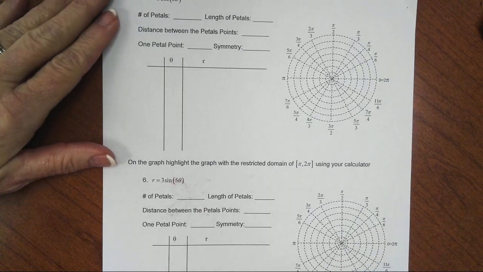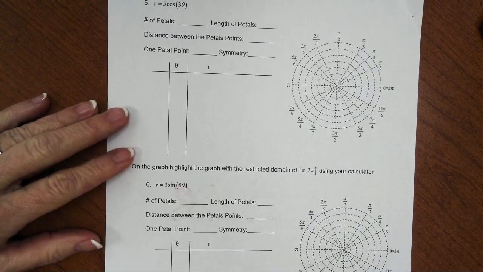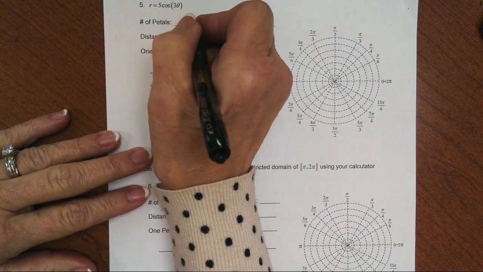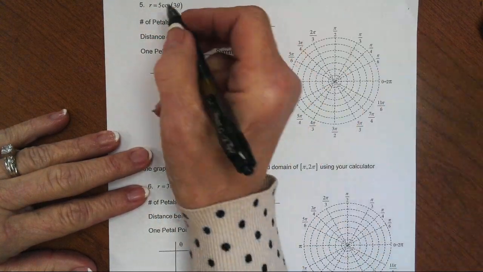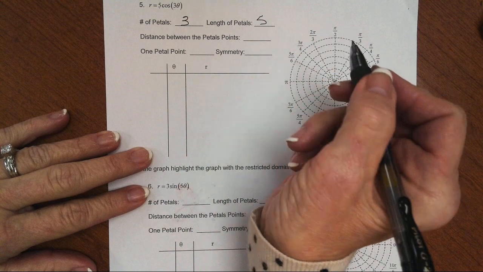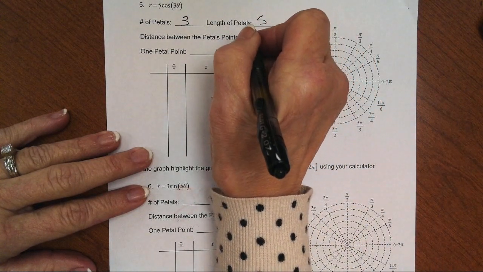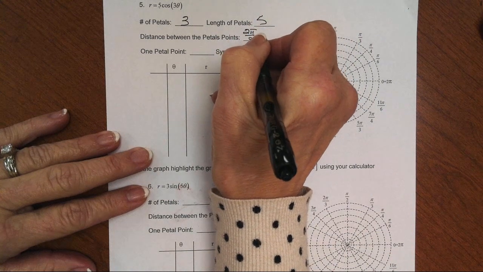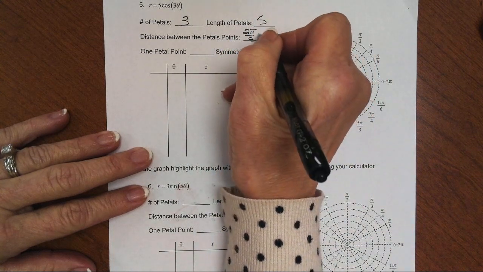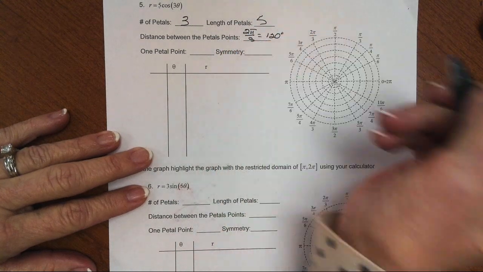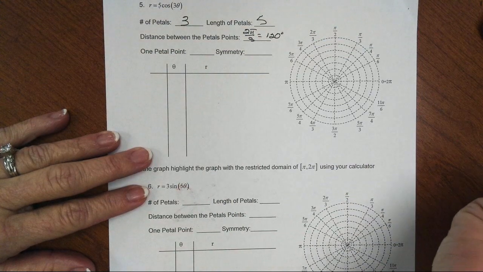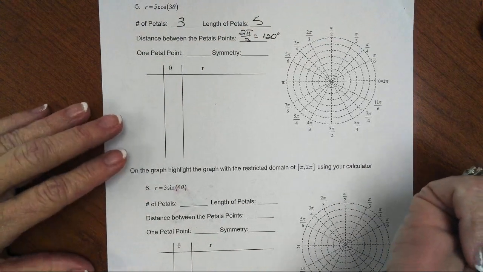Okay, so 5 times cosine of 3 theta is going to have 3 petals, which matches that number, 3. The length will be this number, which is 5. And the distance between the petals will be 2 pi divided by 3, which is 120 degrees if it's in degrees, but we'll just add 2 pi over 3.